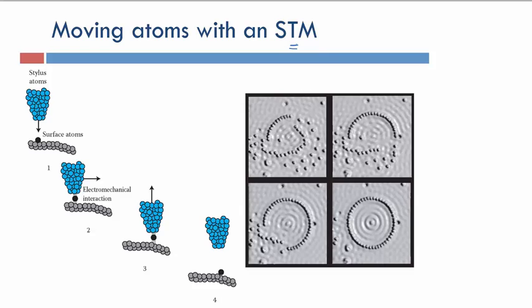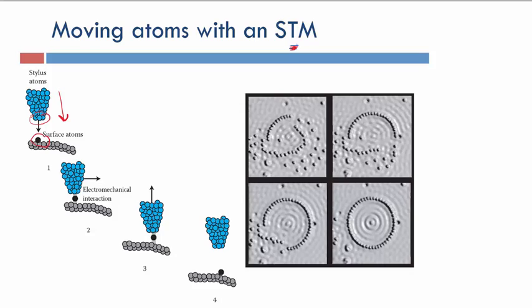The key word here is tunneling. The key process by which this works is that there are atoms on the surface that you're looking at, and then there are atoms that make up the tip of your stylus or your probe. Although the stylus in this case doesn't actually come into immediate contact with the surface, if it's brought close enough, this atom can tunnel.